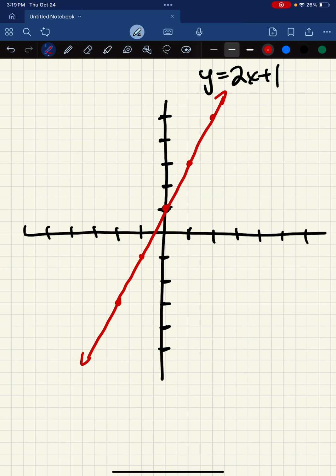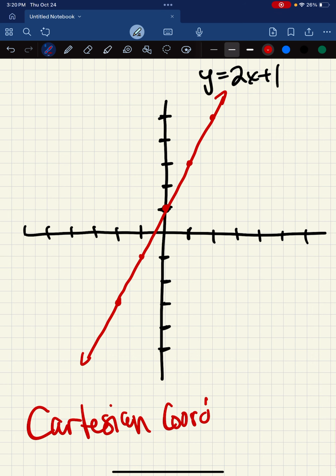So everything we've done in algebra so far has a corresponding interpretation in geometry. And this was realized a long time ago. This coordinate system is sometimes called the Cartesian coordinate system.